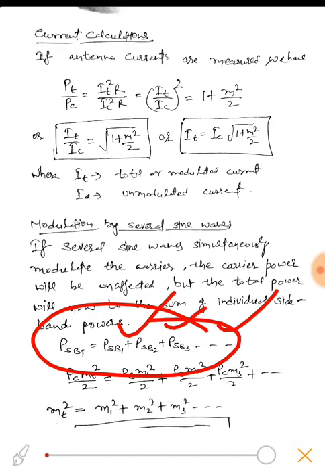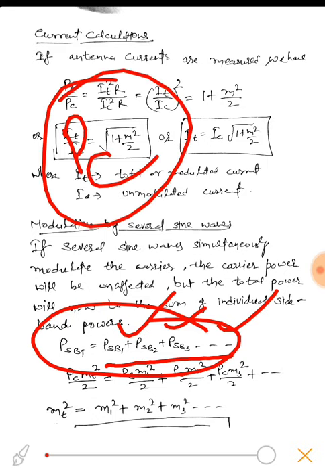So PSBT, the total sideband power, will be equal to PSB1 plus PSB2 plus PSB3, whatever number of sidebands are created. The carrier power will be unaffected. Carrier power will remain Pc. The carrier signal would be there in its original form.